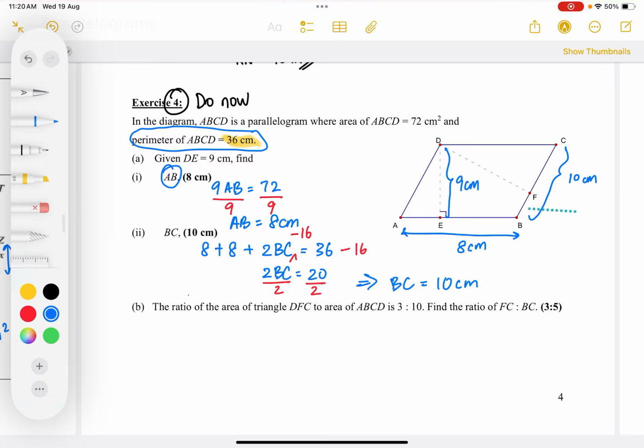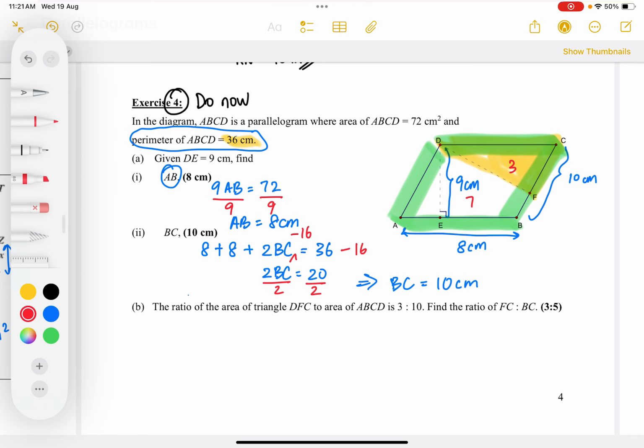Okay, so now the question is saying that the ratio of the area DFC, we've got a triangle here, to our ABCD, that is the entire parallelogram, is 3:10. So 3 units over here, 7 units for the rest. So that gives us 3:10. Find the ratio of FC to BC.